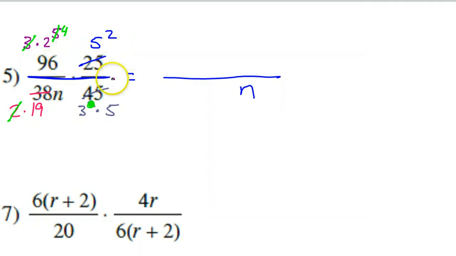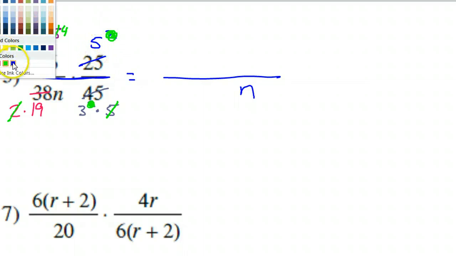Okay, what else do we have? Now let's talk about the 5's. I have 2 5's up here and 1 down here. So this 5 is going to cancel out one of these 5's, and just leave 5. So I've got 2 to the 4th power times 5. You know what, maybe I'll just write this down temporarily.